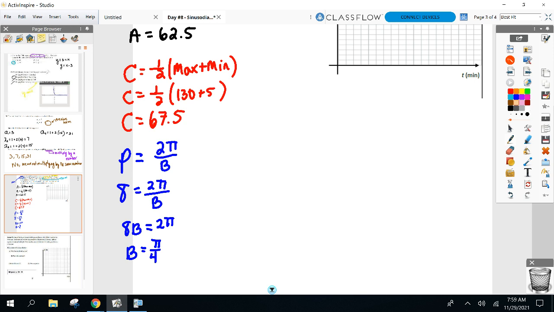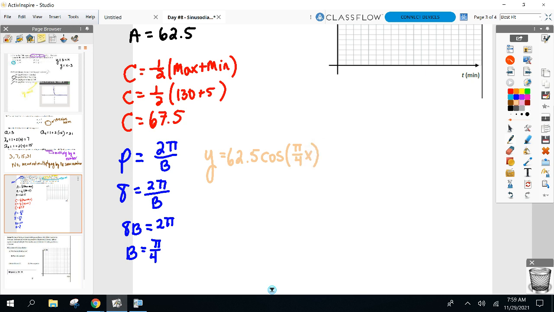What's the equation of this curve? Y equals, what do you got for me? A value, 62.5. Cosine, what goes in the parentheses? Pi over 4 x. Make sure the x is there.